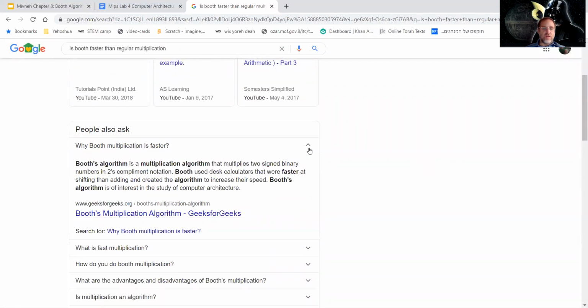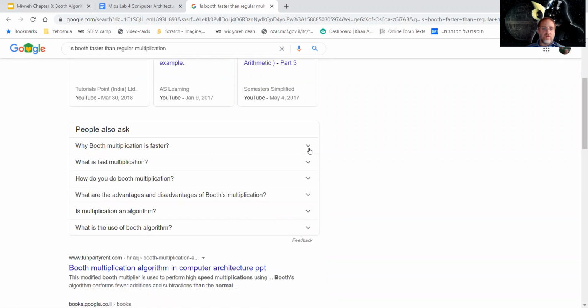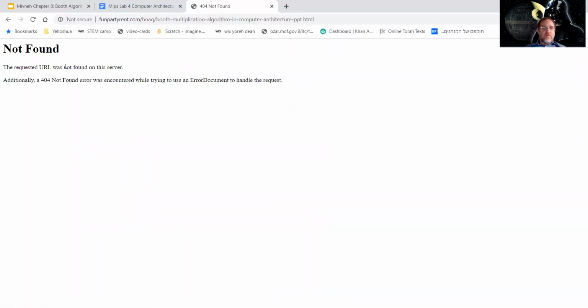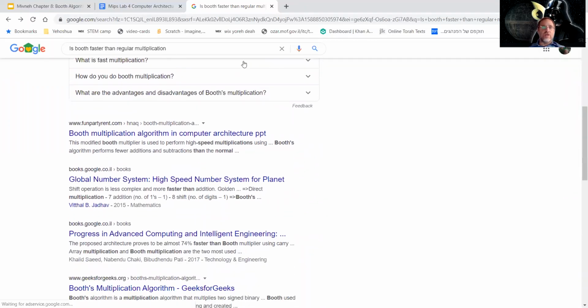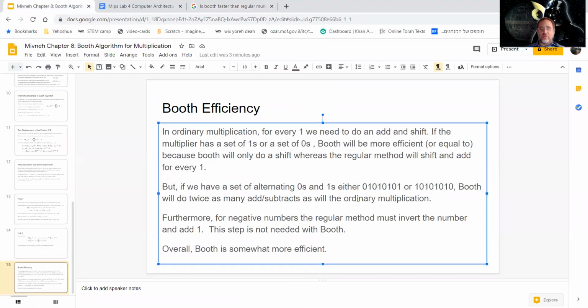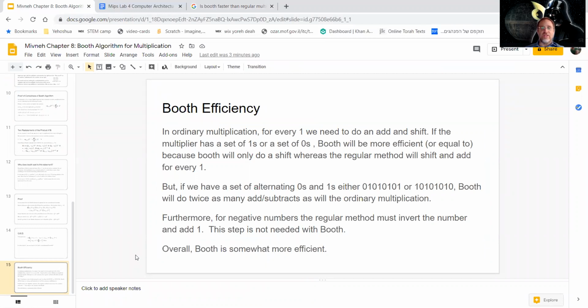Is that what we already saw? Yeah, we're not getting a good answer. It's a good question. You can try to figure out why it's faster. But the conclusion of my limited research is that it's somewhat more. That's all I can say.